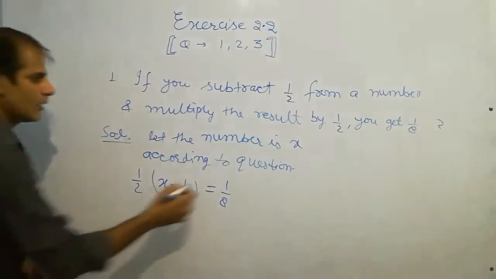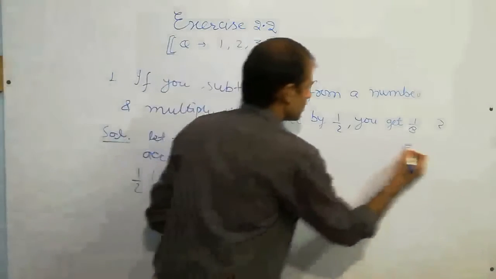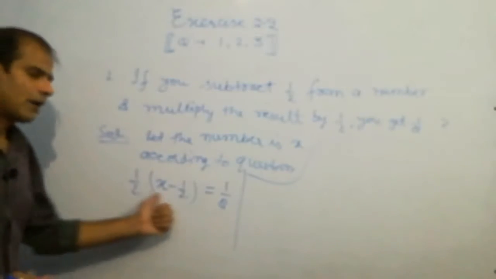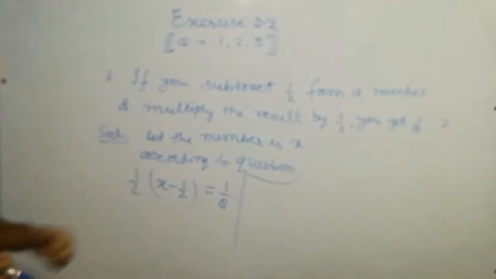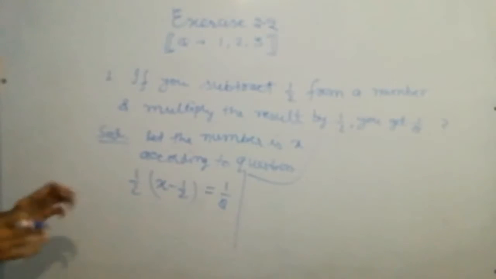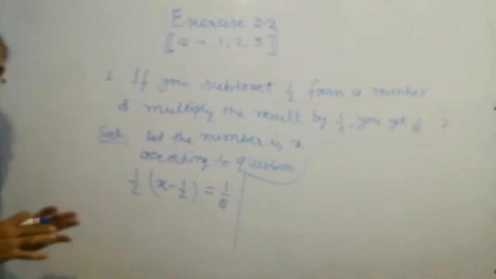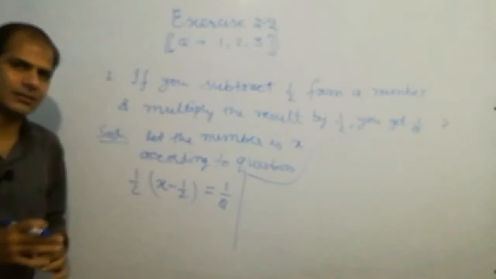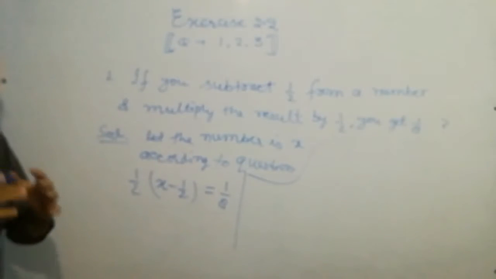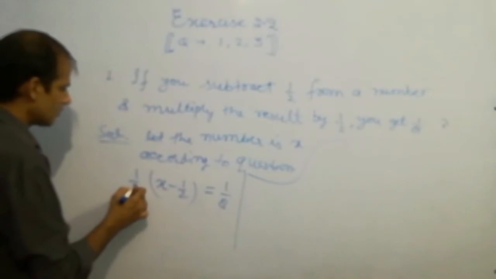Okay, now I solve here. We have to solve this equation and we will find the value of x. So what to do? Sometimes we have to use short tricks. Okay, tricks, any short methods हैं.